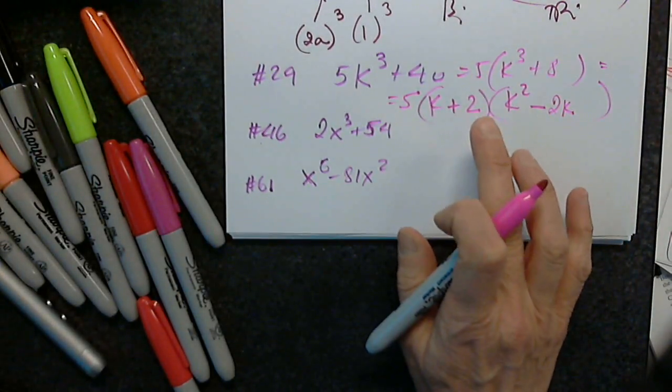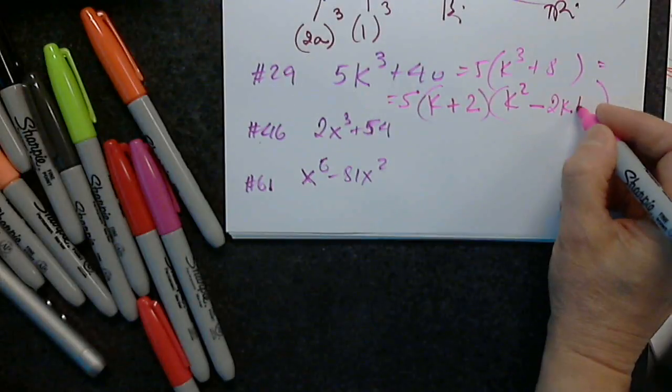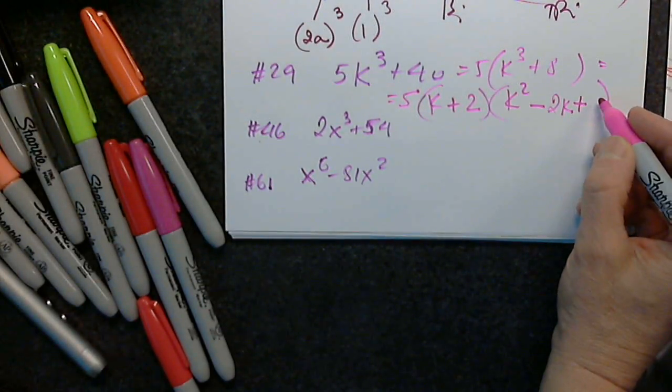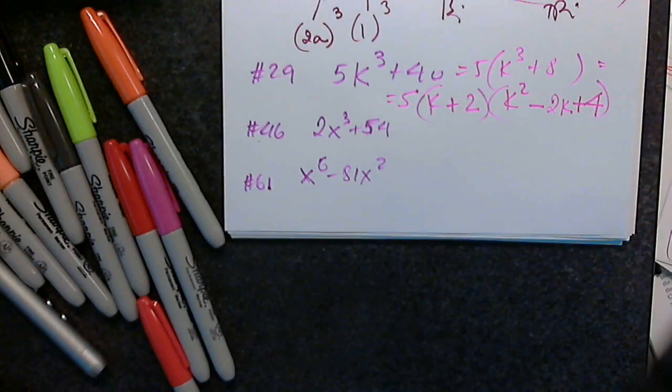Just k times 2 or 2 times k. And then plus 4. Now, what I recommend is multiply these for the first 5 problems you do. And you will see after you finish, multiply by 5, you will get 5k cubed plus 40.